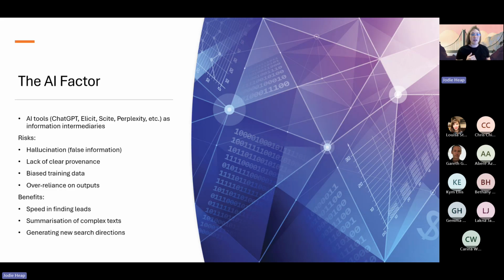As I touched on as well, there's a lack of clear provenance. So a lack of clarity around where this AI tool has accessed the data, the source of the information to pull through these articles. Is it legal? Have the authors approved? Have there been contracts signed with publishers?